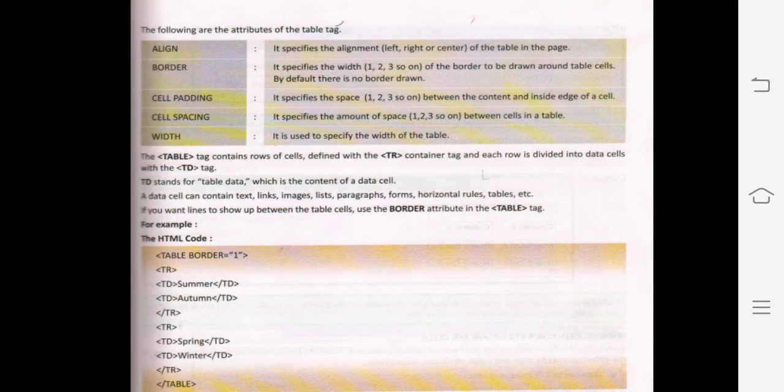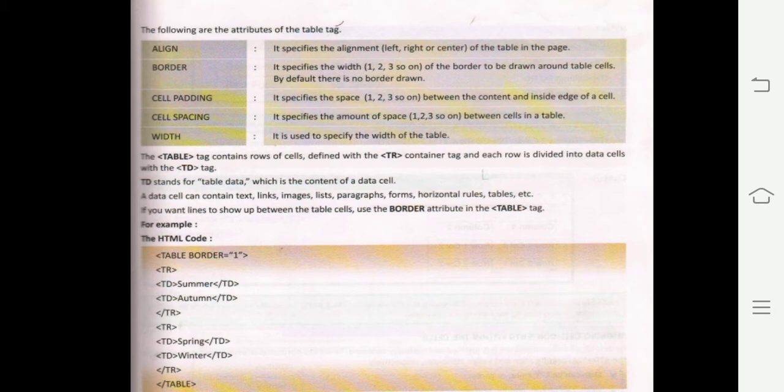Then a table can be created with the combination of 3 more tags with the table tag. Like if we want to define the heading of the columns, we use the th tag. T for table, H for heading. If we want to define a table row, then the tr tag is used.